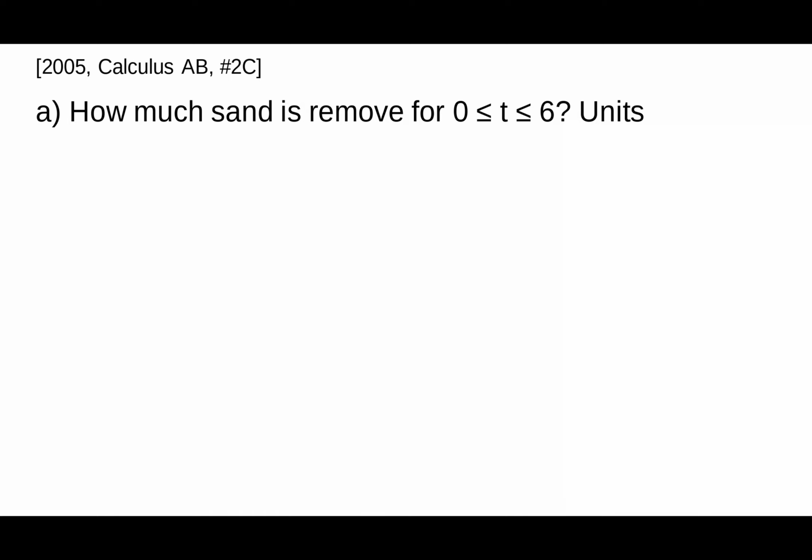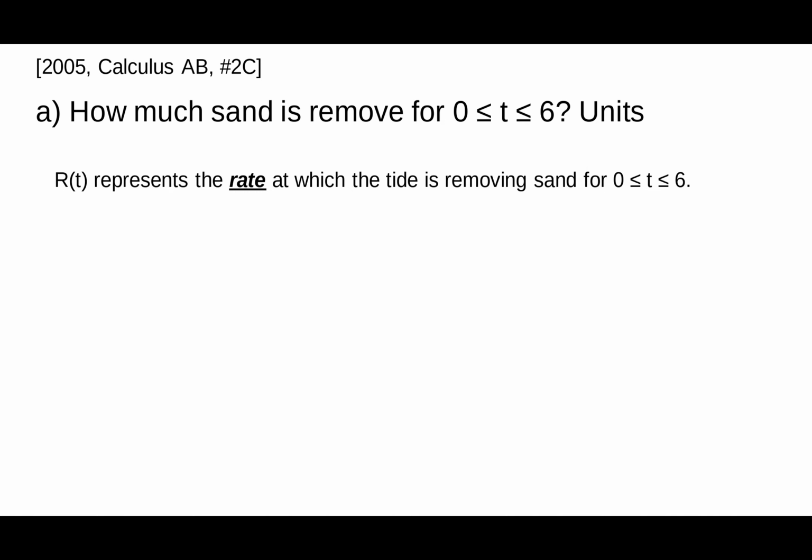In part A of the question, we are asked to determine how much sand is removed from the beach during those 6 hours and to provide units. Well, if we have a rate at which sand is being removed, the total amount of sand removed in those 6 hours is just the integral from 0 to 6 of that rate.